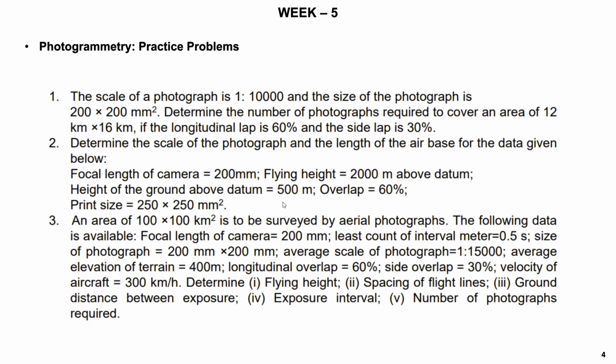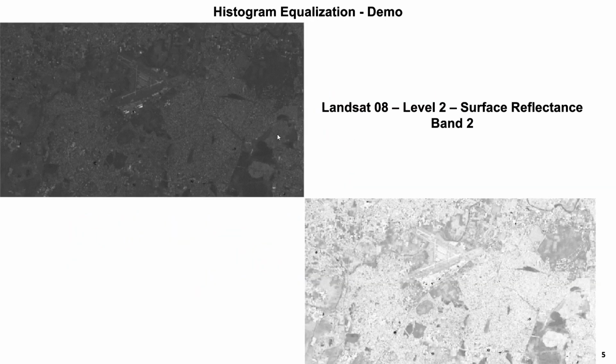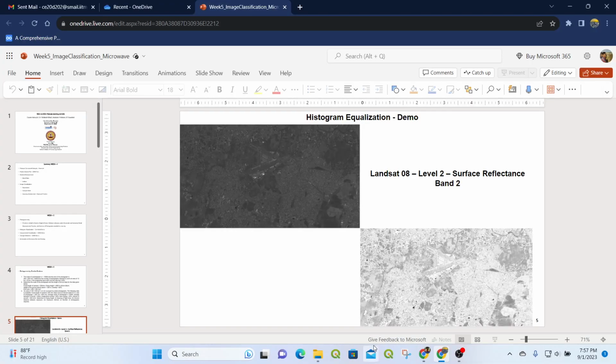You can work it out on your own. So these three problems are additional problems. Okay, let's go to the histogram equalization demo. So here, on the left hand side on the top is the surface reflectance of Landsat 8 band 2 data, and this runway is the Chennai International Airport before histogram equalization, and this is after histogram equalization. So now I will show you the demo of how to do it.